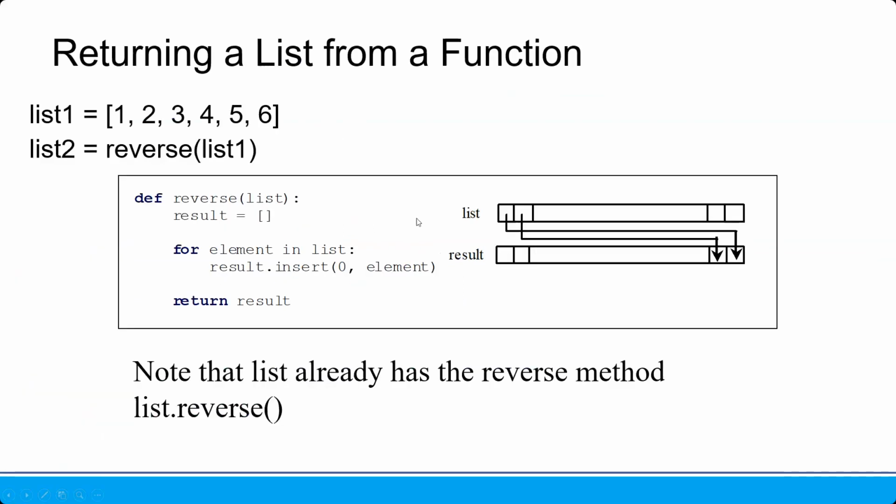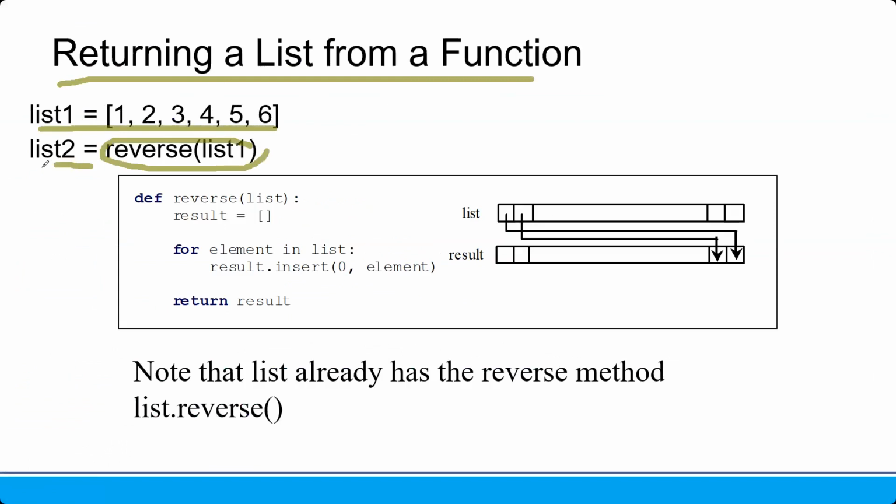There is a function in a list. We call it reverse. Okay. So let's say we have a list 1, 2, 3, 4, 5. And then I want to return the result of this one into a list.